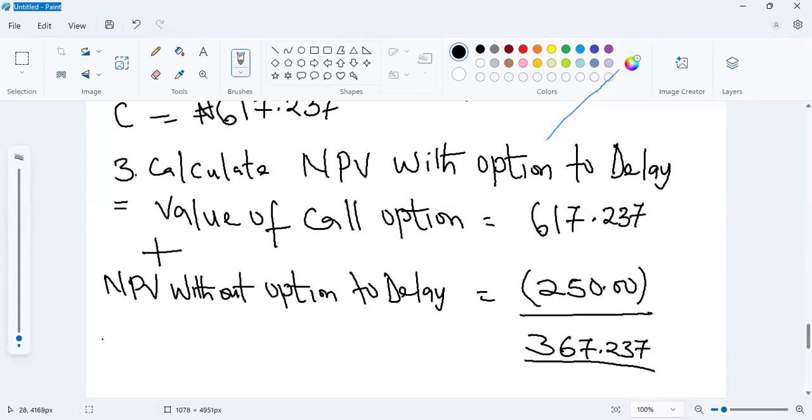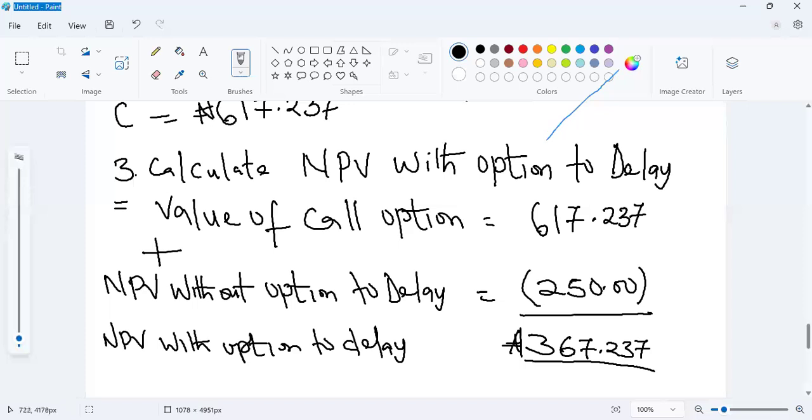This is NPV with option to delay for 1 year. So if you value financial flexibility, this project should be accepted.